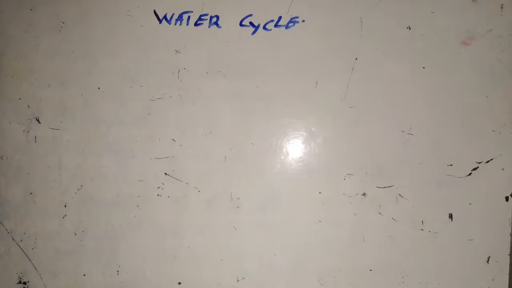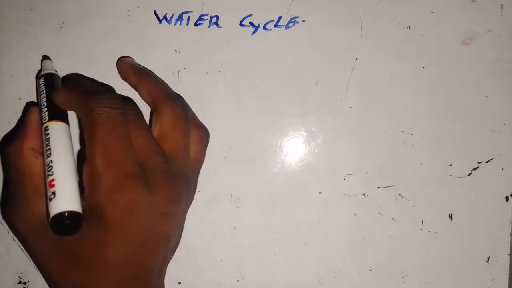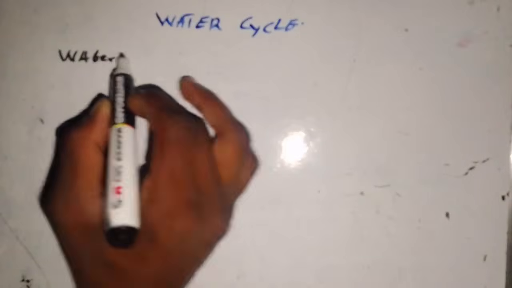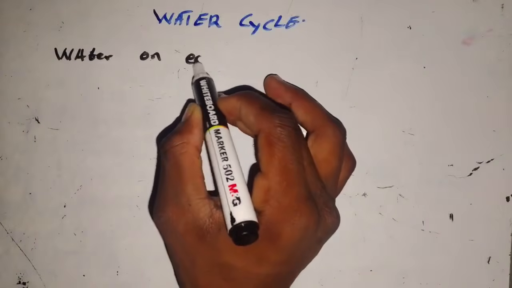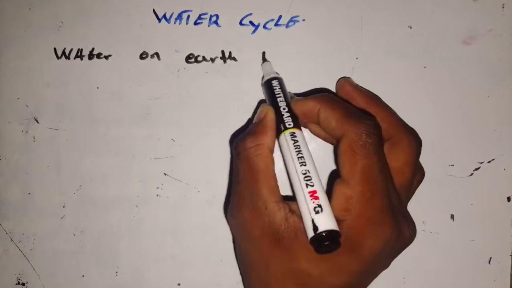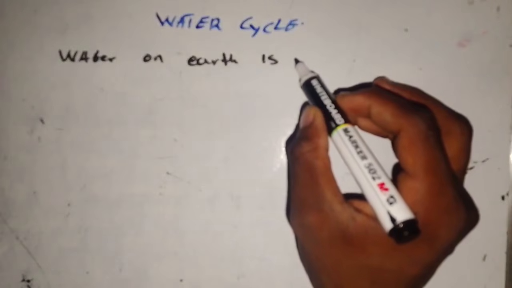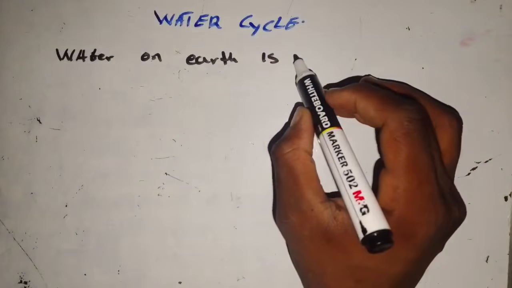Okay, so I've said that water on earth is never created or destroyed, but it just moves, and the movement is what we're referring to as a water cycle. So we can write what we have said.